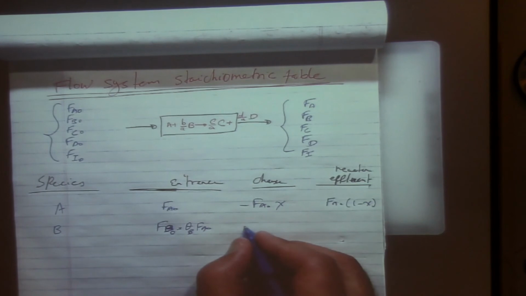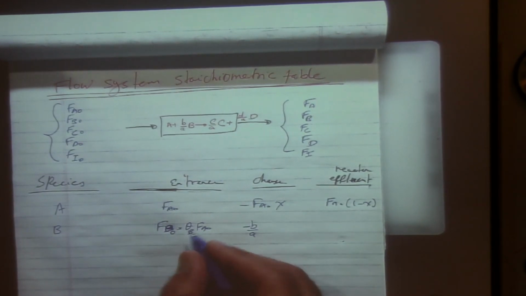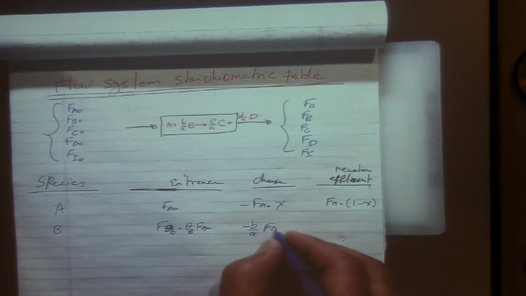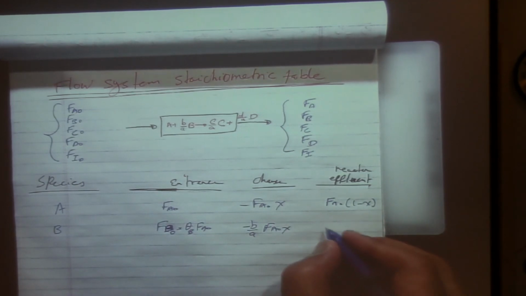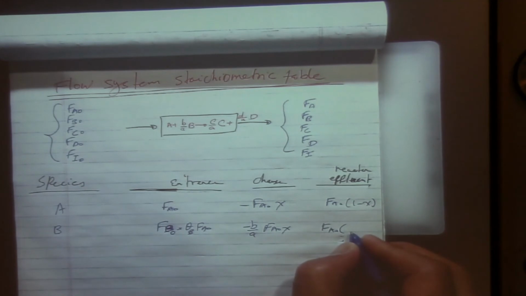And then the change is minus B over A times FA0 times X, and FB would be FA0 times theta B minus B over A X.